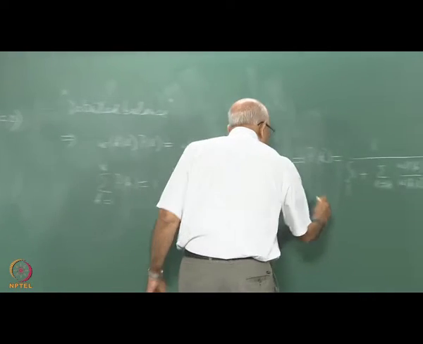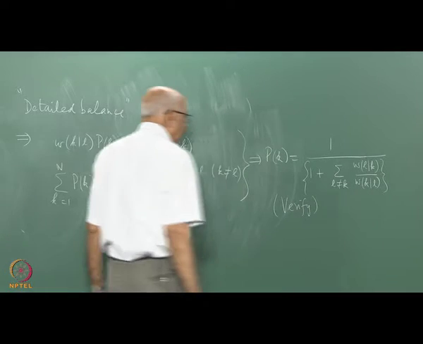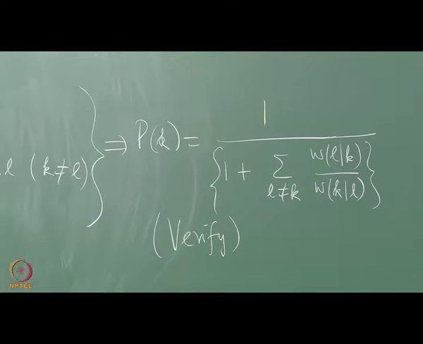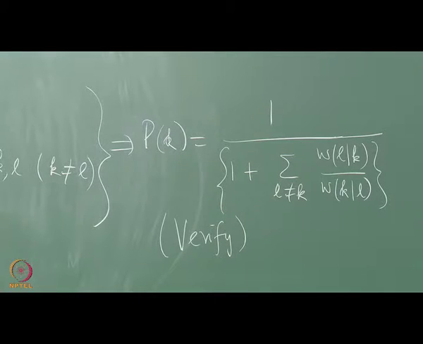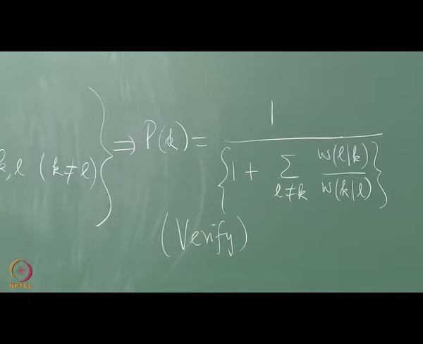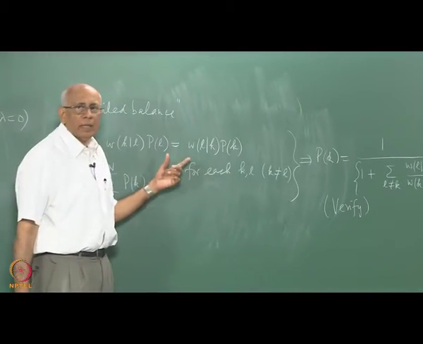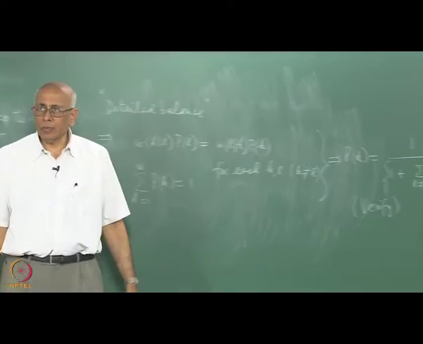I would like you to verify this. Okay. So there is a very simple formula, essentially an algebraic formula for the stationary probability distribution of this Markov process, in the stationary Markov process in the case when detailed balance is valid, okay. And then it is just that simple algebraic formula out there.